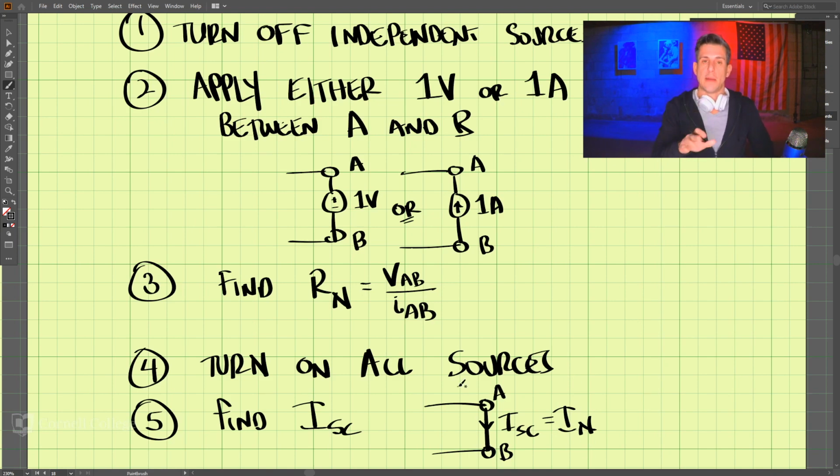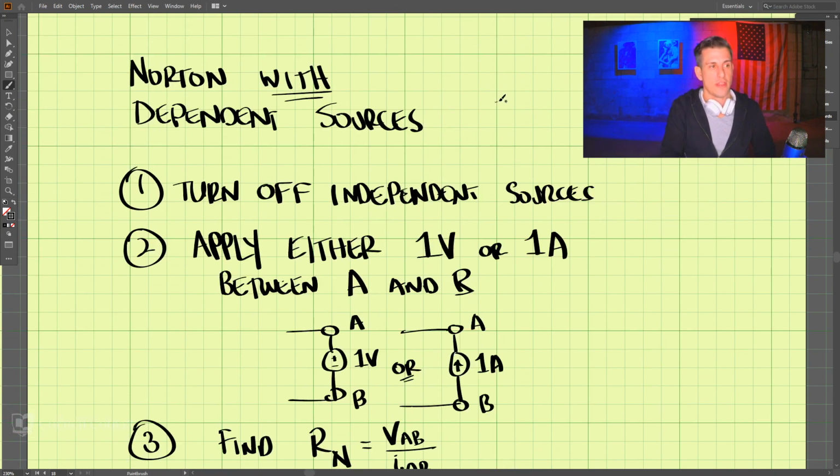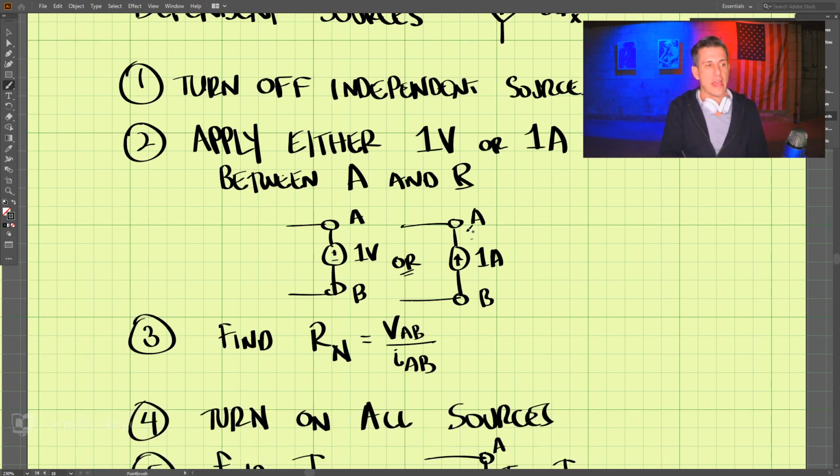So these are the steps if you have a dependent source. That means like a current source that is 3ix or something like that. A current source like that. So if you have a dependent source, you need to apply a voltage and use linearity to figure out the equivalent resistance, or the Norton equivalent resistance here.